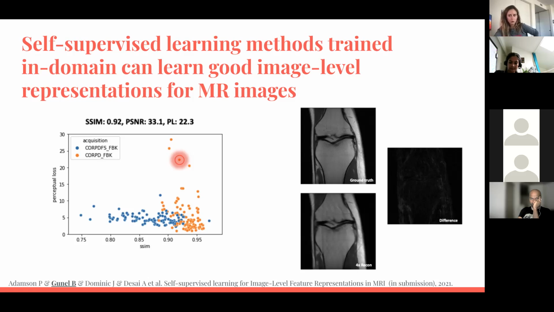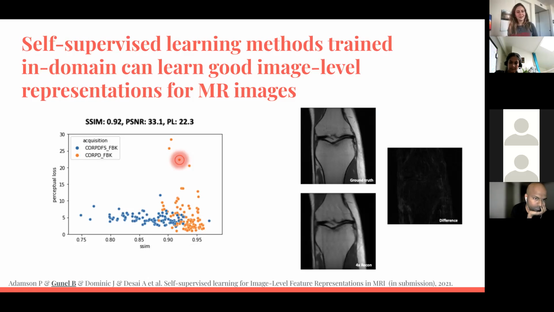And there has been some work in the computer vision world where large self-supervised models learn good image-level representations. So the question we're interested in is, can we build a large self-supervised model that understands MR images well, so that when we're looking at MR images at evaluation, it can say this is a good image or this is a bad image.